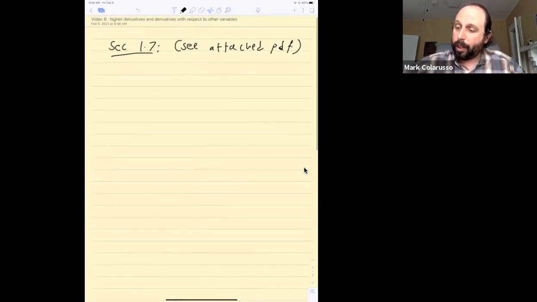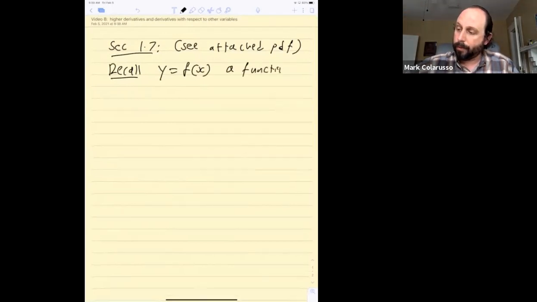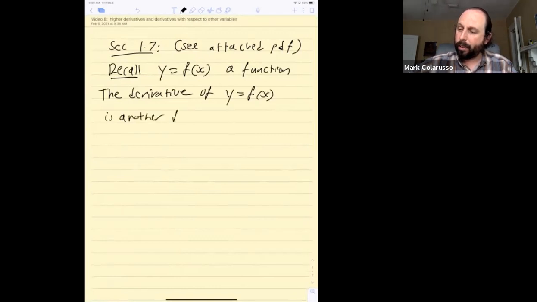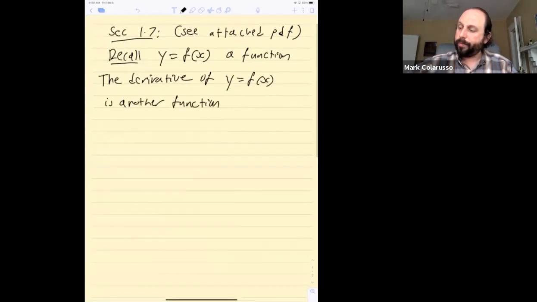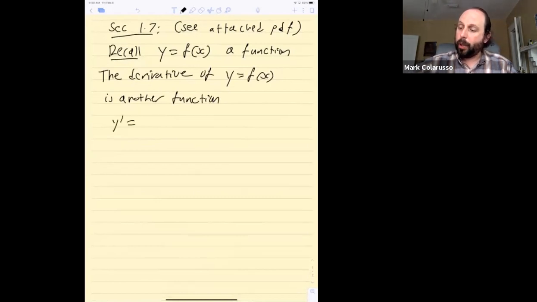Okay, so just recall, what is the derivative? Let's always recall this central idea of this section of the class. We have y equals f of x, a function. The derivative of y equals f of x is another function, y prime equals f prime of x, or we can write this as d/dx of f of x.